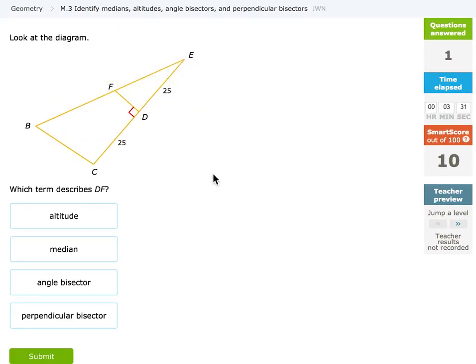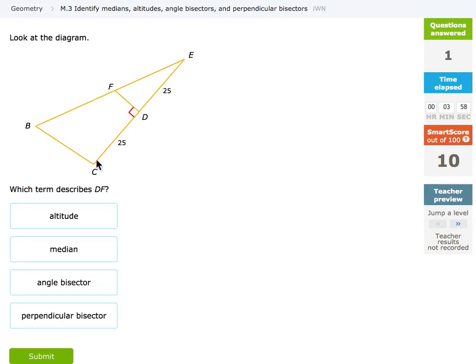Which term best describes DF? DF is right here in the middle. Just looking at it, we see a 90-degree angle, so we should think of the word perpendicular. Then there's bisector. Bi means two, so it's bisecting, cutting into two equal parts.